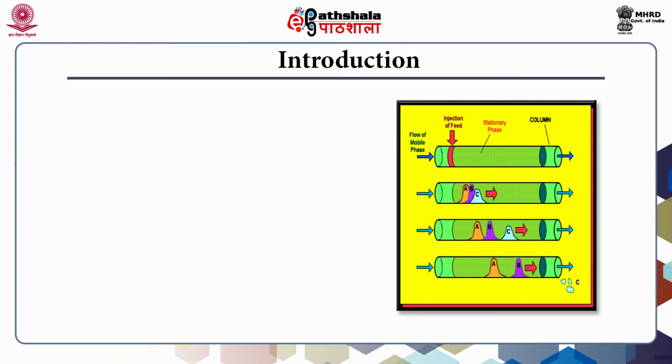Now, this gas liquid chromatography, the first account of it was published by the author Clayson in 1946. It is a very powerful technique which is commonly used to separate different components of foods as well as compounds of organic nature.